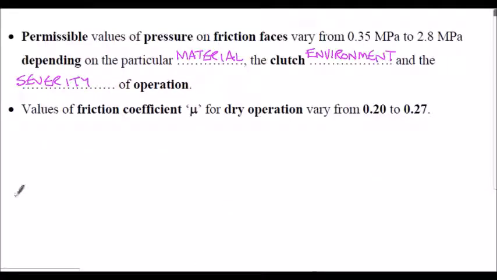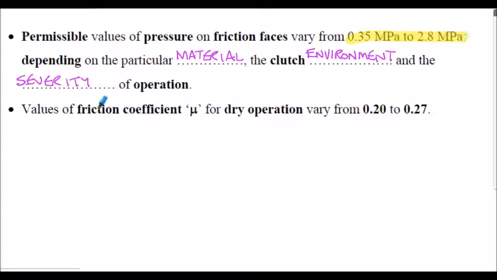Looking at permissible pressure on friction surfaces, it ranges, as it shows there, from 0.35 megapascals to 2.8 megapascals, and you'll see later on pressure is a very important characteristic of a friction clutch. But these pressures depend on the materials involved, the clutch environment involved, and severity of operation. If you're dealing with things like cone clutches, for example, sometimes they're used in really rugged environments, so pressures have to be determined on the environment they're used in.